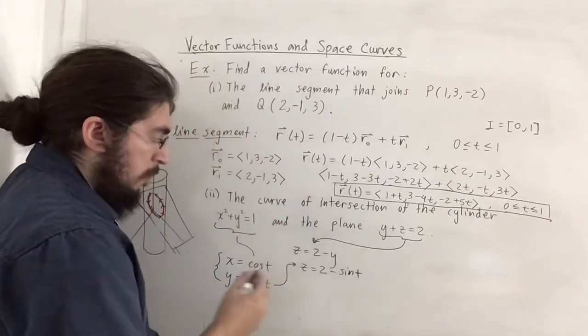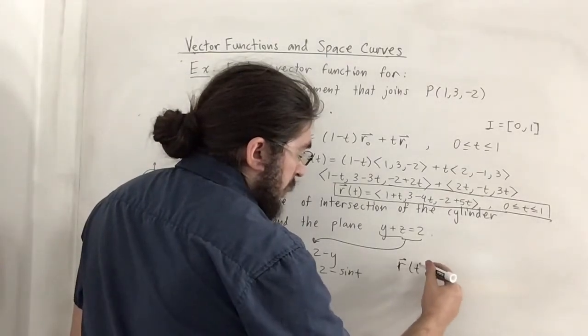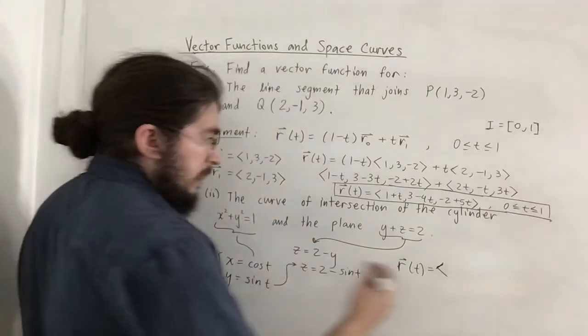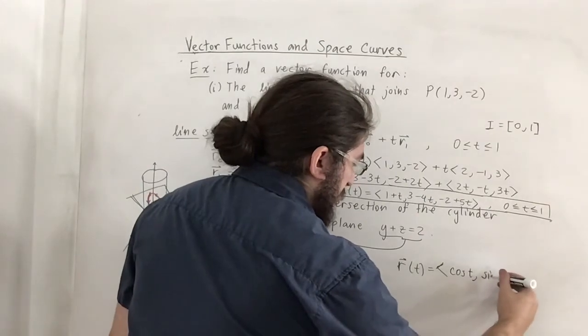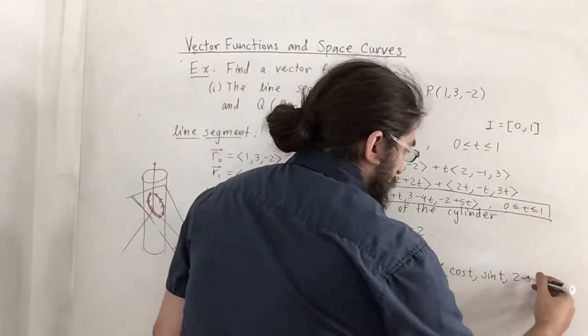Perfect. Now we're all set. Now we can say r of t must be the vector function whose x component is cosine of t, whose y component is sine of t, and whose z component is 2 minus sine of t.